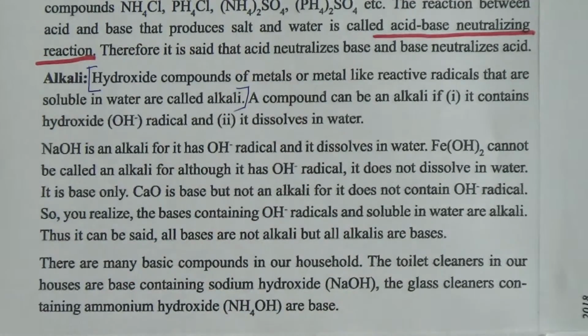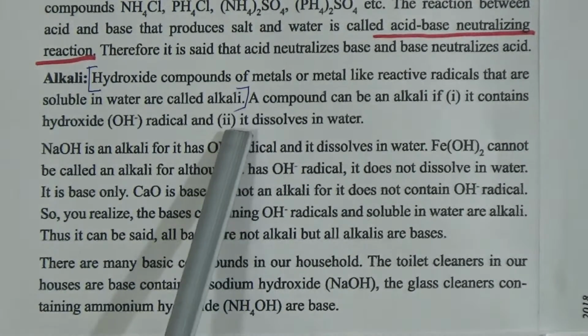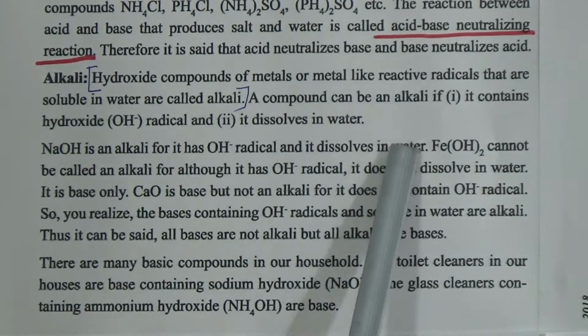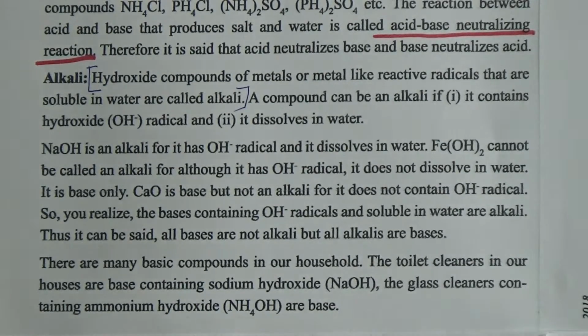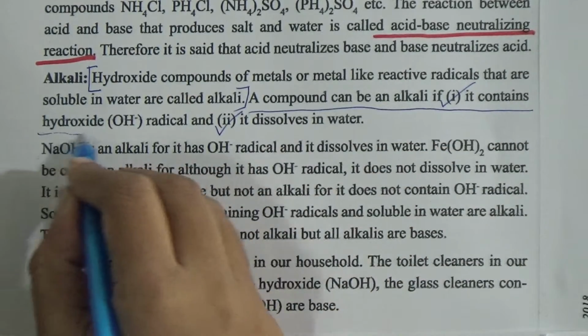And when we read in class 8, we learned that all alkalis are bases, but all bases are not alkalis. That means there are characteristics of alkali. A compound can be an alkali if it contains hydroxide ion radicals and it dissolves in water. If these two characteristics are absent, it is not known as alkali.